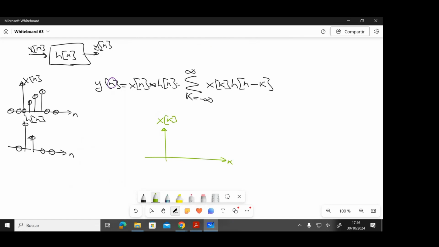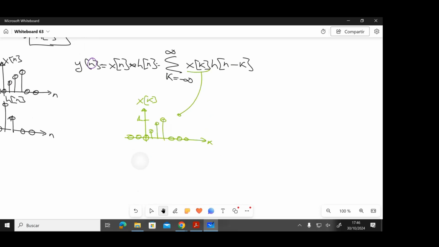So this one, this one, this one, and let's put the numbers. So let's say that this is 1. Okay, so we have now x of k. This goes there. Okay, that is good.